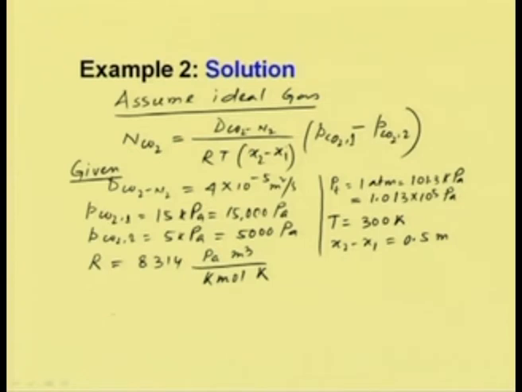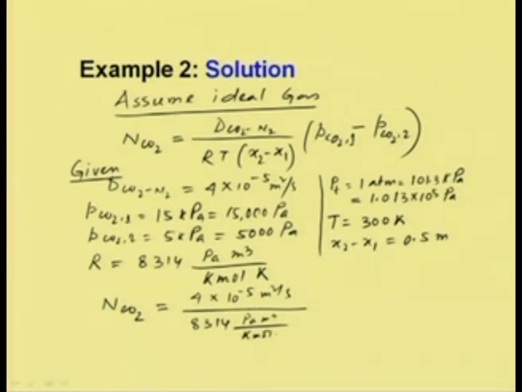Now, if we substitute in these equations, the flux of CO2 will be equal to diffusivity 4 into 10 to the power minus 5 meter square per second, divided by RT, 8314 Pascal meter cube per kmol Kelvin into 300 Kelvin, into 0.5 meter, multiplied by the partial pressure difference 15,000 minus 5,000 Pascal.